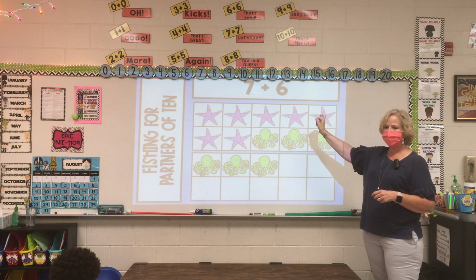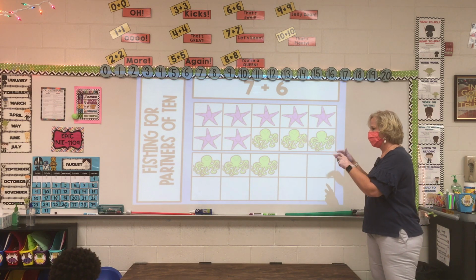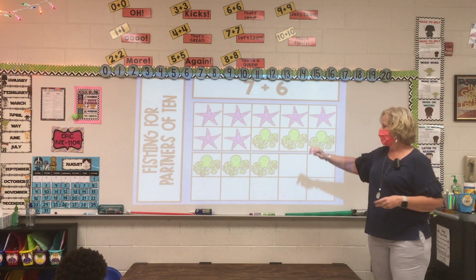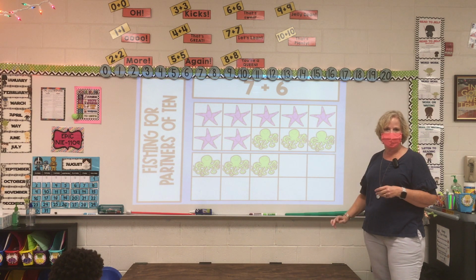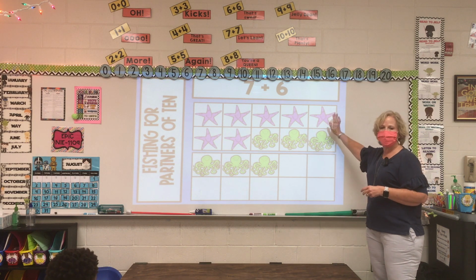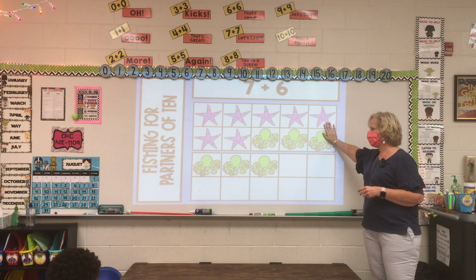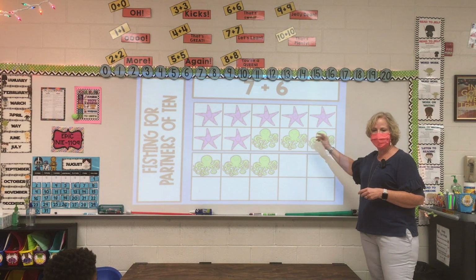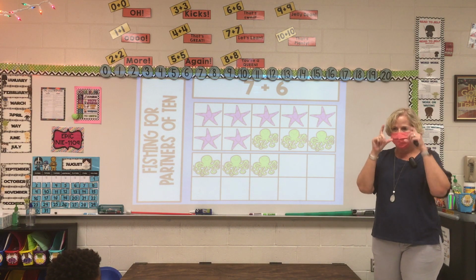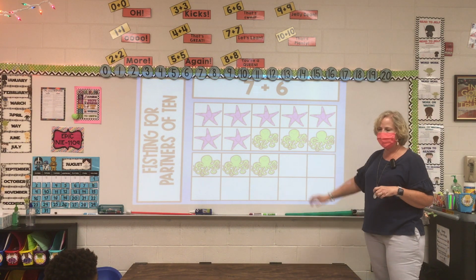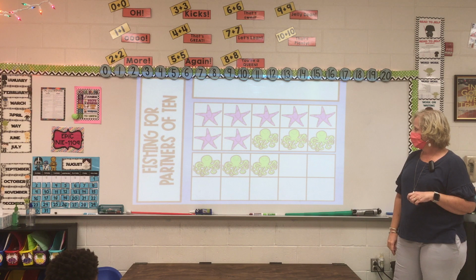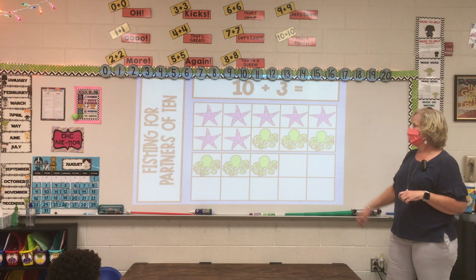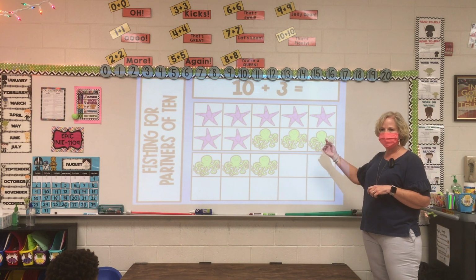I didn't have to sit there and add that up or try to count on or use my fingers. I'm looking at my 10 frame and I can see I have filled this one up with 3 of the octopus. I had 3 left over in this 10 frame. So I know very quickly, in the blink of an eye, that this is 13, right? Okay, let's look at this one. 10 plus 3 is 13.